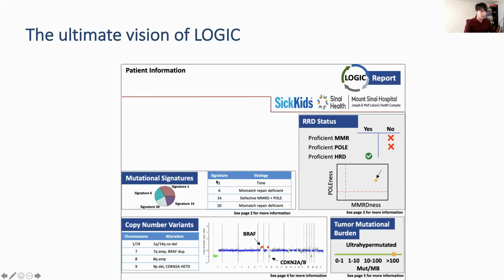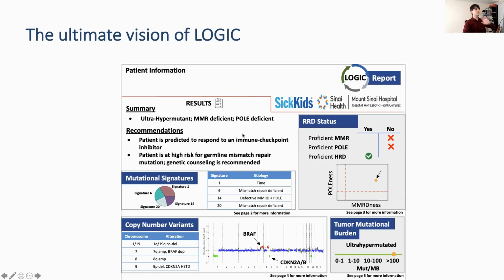But altogether, what we can have is a summary of each patient based on these three different tests, which are now all part of logic, and give recommendations on how they can be treated and how they can be monitored in the clinic. So this is what would be possible with the full development of logic.